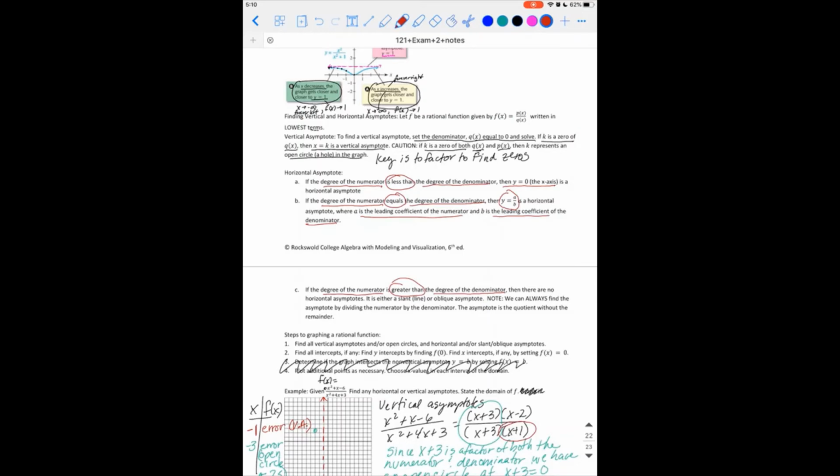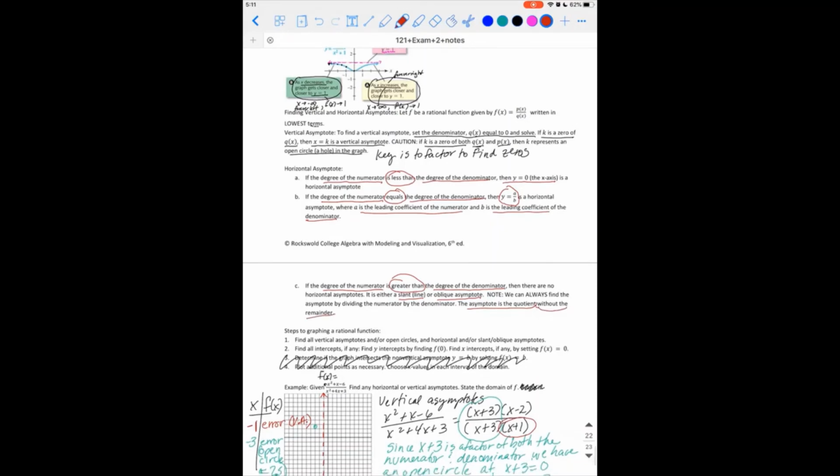It's called either a slant line, a line with slope, or an oblique asymptote. We can always find them by dividing the numerator and the denominator using longhand division or synthetic, and the asymptote is just the quotient without the remainder.